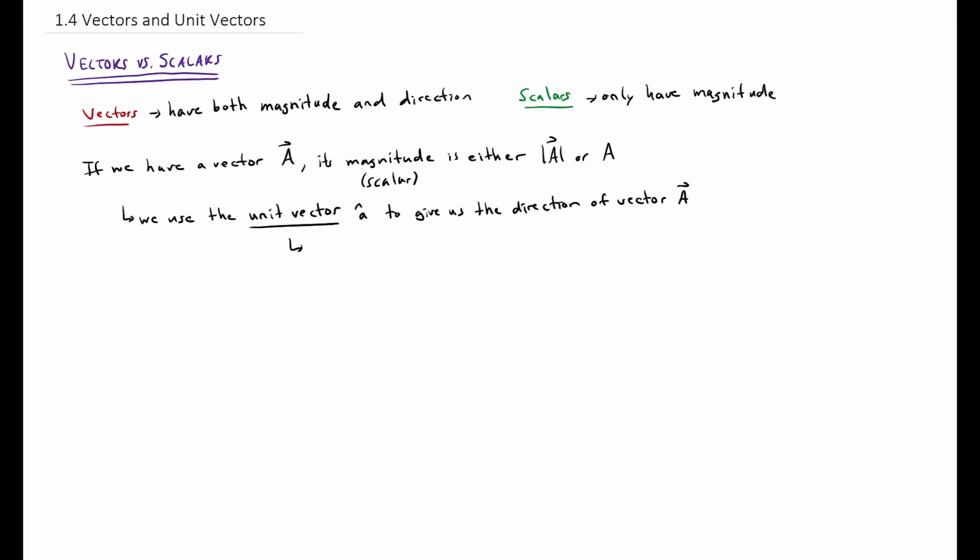Unit vectors have a length of 1. And it's because it has a length of 1 that it's called the unit vector, because of its unit length. And it's going to be in the same direction as its parent vector A.